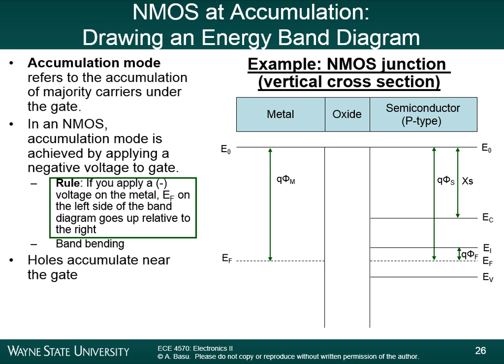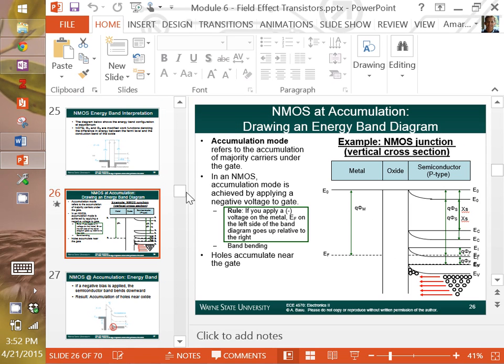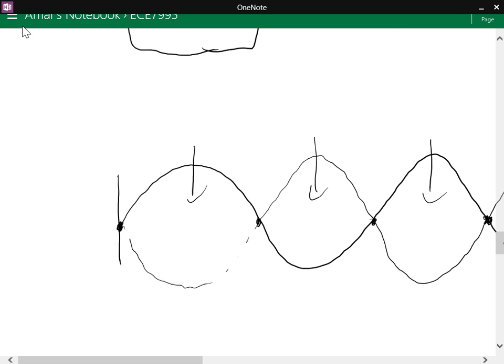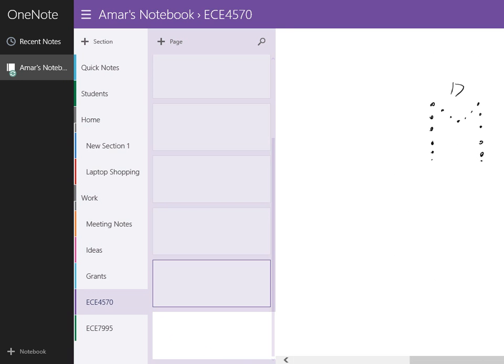All right. Next is the NMOS device at accumulation. I'm going to draw the NMOS device in accumulation mode.